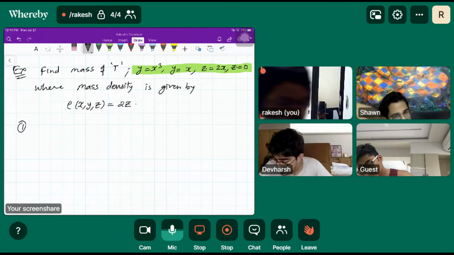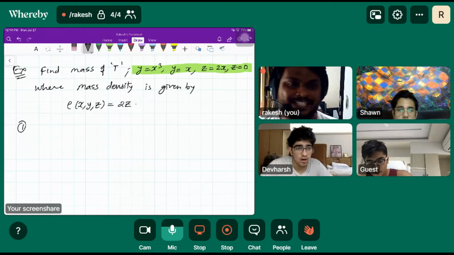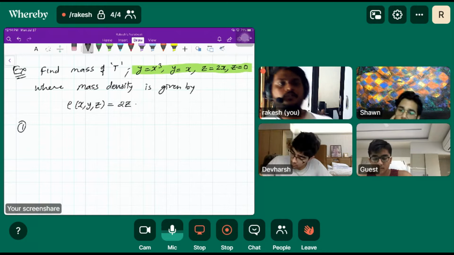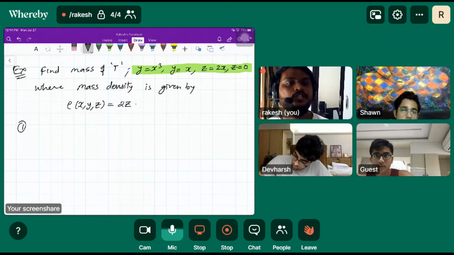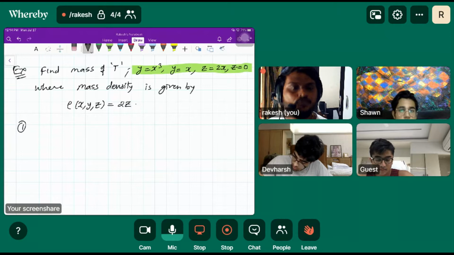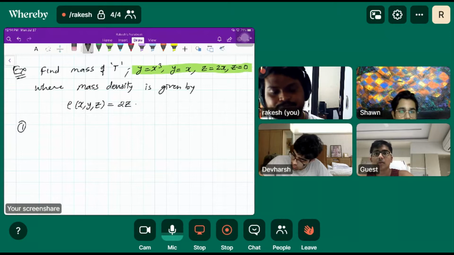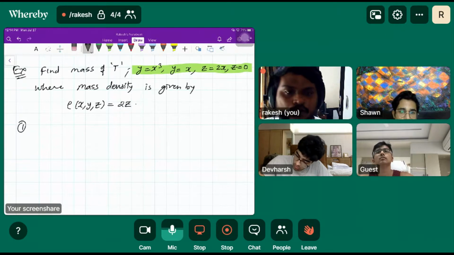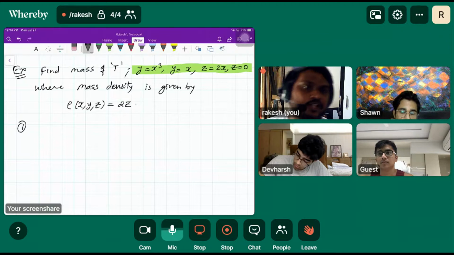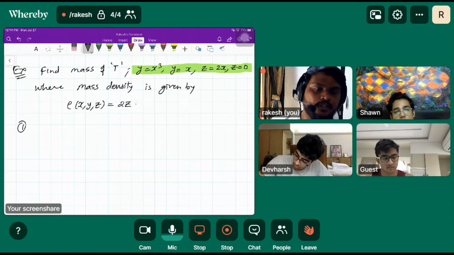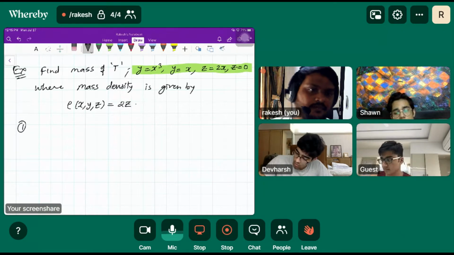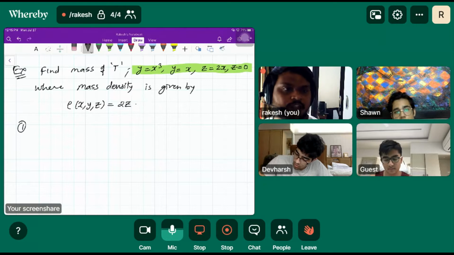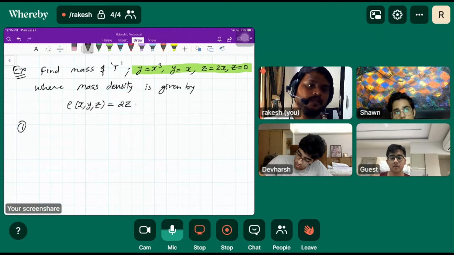So basically, if we go for z simple, we are looking for two functions in terms of z is equal to f of x comma y. We are given two functions here: one is z is equal to 2x, the other is z is equal to 0. Now we have to find out which one will act as a lower limit and which one will act as an upper limit.